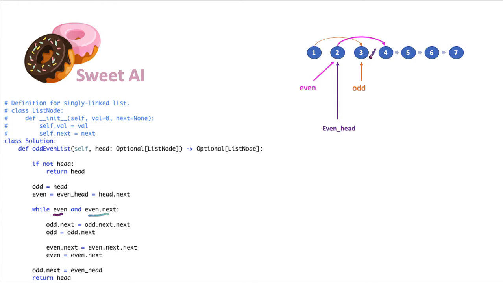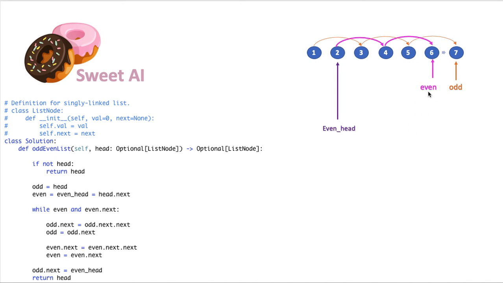So we are going to iterate again. We're going to point this one not to this one, but to the one after that, and we are going to point the even to index number 5, as you see here, right?